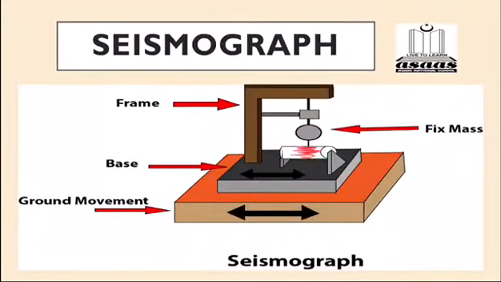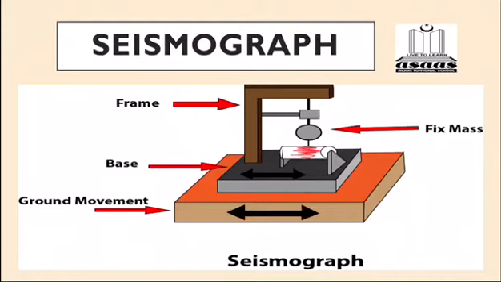So here's the slide that tells you about our today's topic, that is the seismograph, for measuring earthquakes. Girls and guys, I want you all to first see the slide, which has a diagram of a seismograph with different parts. First, look at the frame.